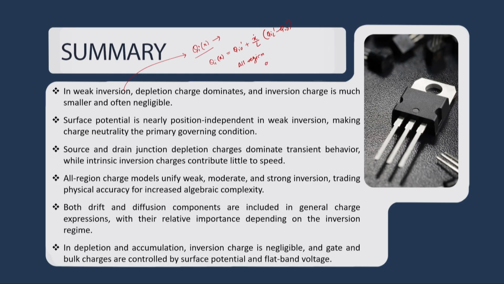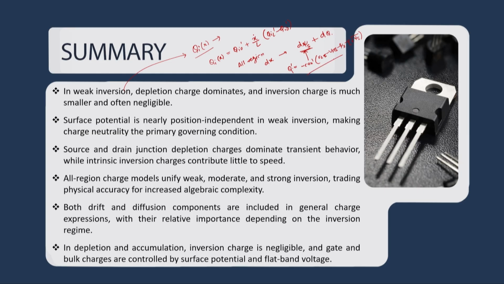Further, we have derived the equations for the all region model by changing the variable of dx in terms of d psi s plus dq, where this was a bit complex integration because to change the variable of d psi, again we need to change the variable in terms of dq, as qi dash is equal to minus cox dash into (vgb minus v flat band voltage minus psi s minus gamma root psi s).